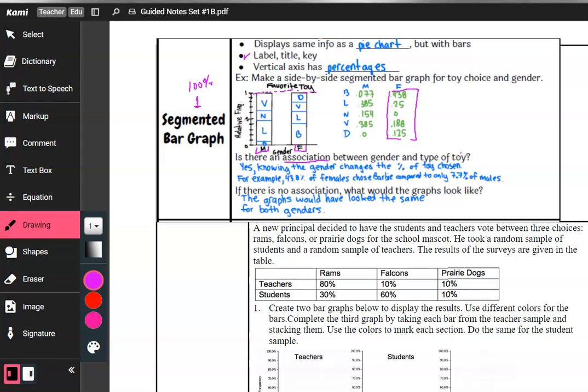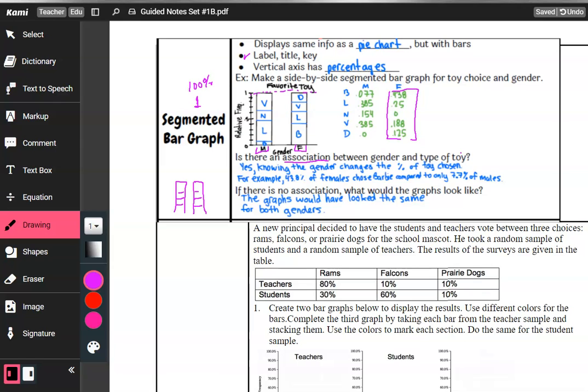At the same time, if there is no association, what would the graphs look like? You would have the graphs look the same for male and female. So for example, say this is the graph for males, and say this is the graph for females. If they look identical like that, then you would say that there is no association.